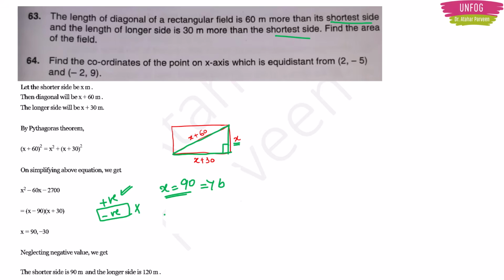The length of the field is x plus 30, so this will be 90 plus 30, which gives me 120. So this is my length. Now what will be the area of the field? Area of the field is length into breadth, so that is going to be equal to 120 into 90.